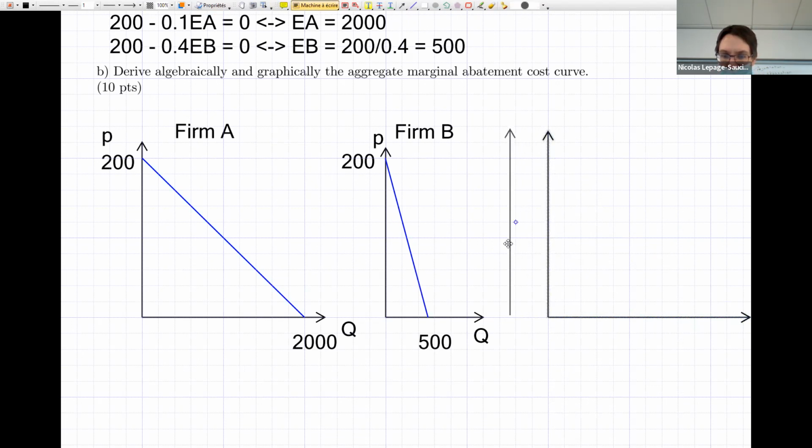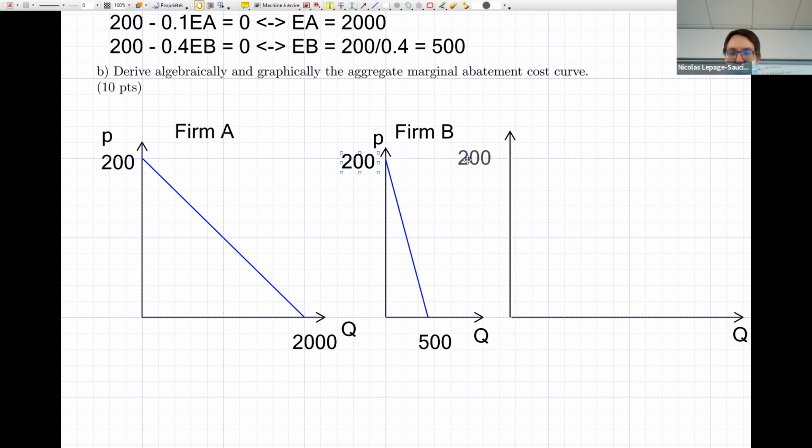Yeah, so here it starts at 200 again, because above a price of 200, all firms have abated everything, so I don't have to care. So it starts at 200.